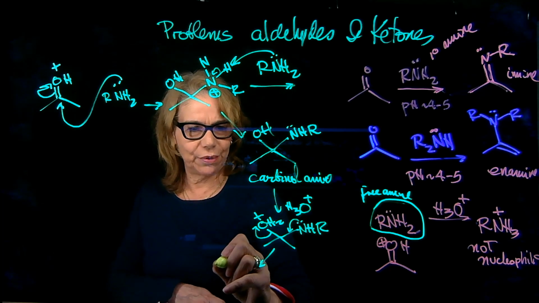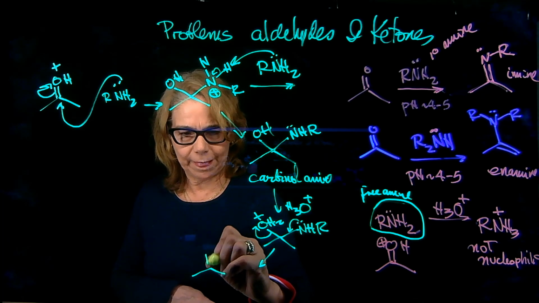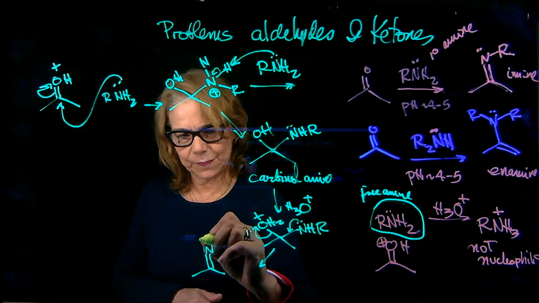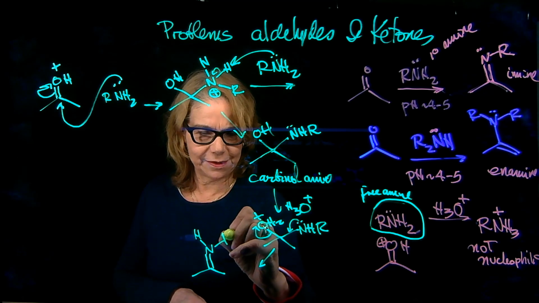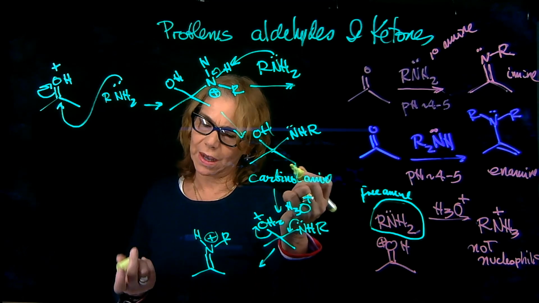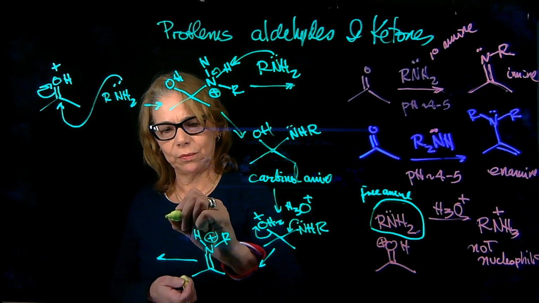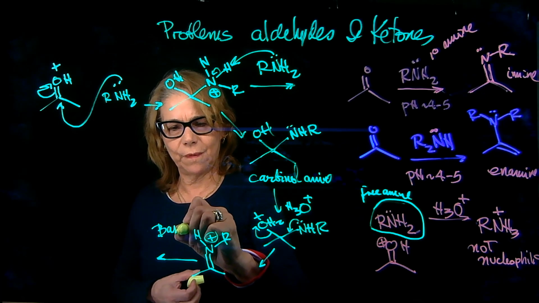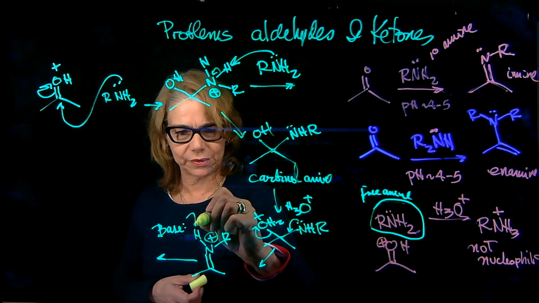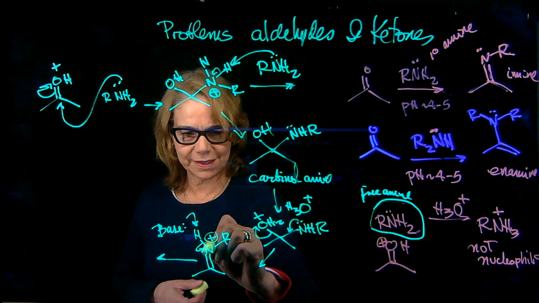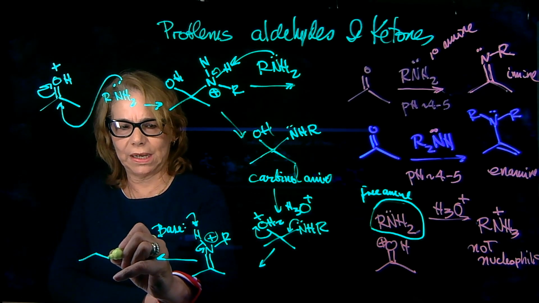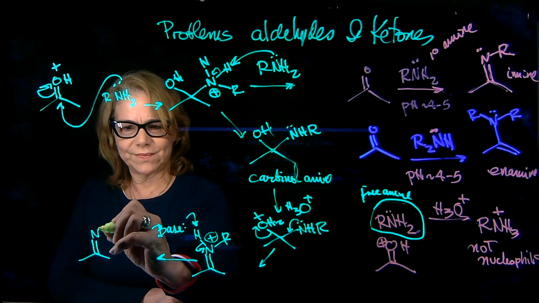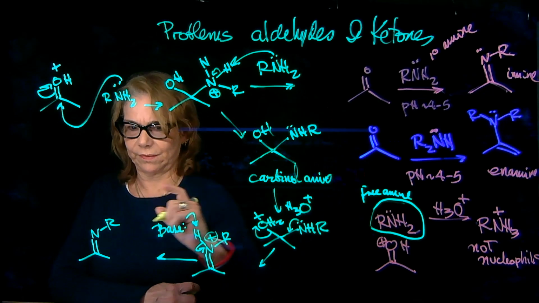So I'm going to have N, H, and R, and this is formal positive. Then we will have a base, either water or the amine, to take this proton. And this is my imine that we have right here.